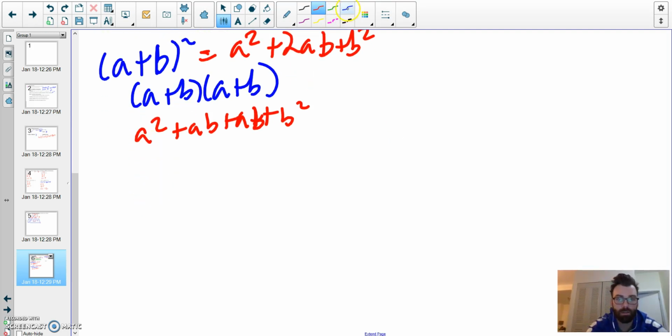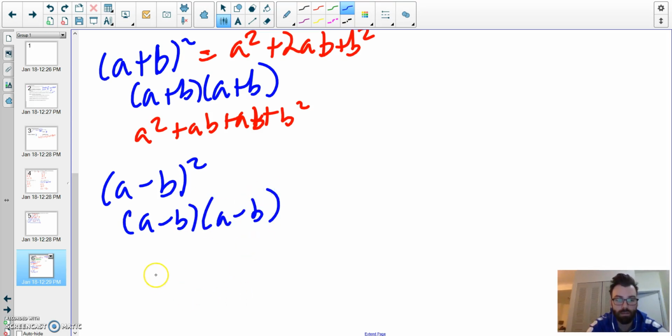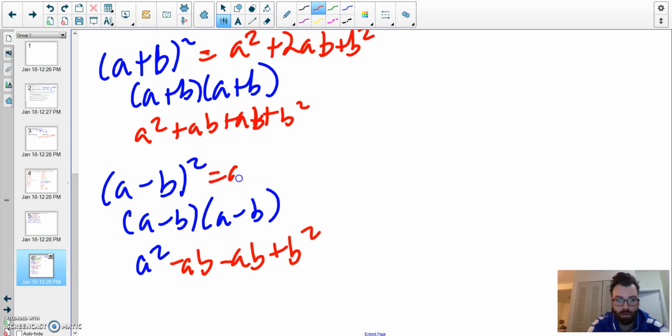Similarly, a minus b quantity squared is the same thing as a minus b times a minus b, which is a squared minus ab minus ab plus b squared, or a squared minus 2ab plus b squared.